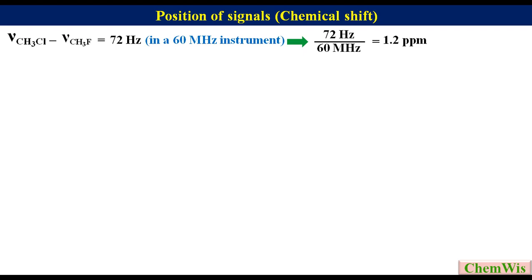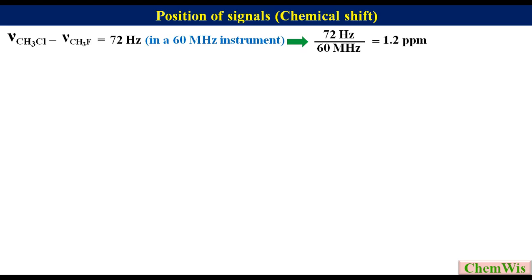Instead, a reference compound is placed in the solution of the substance to be measured, and the resonance frequency of each proton in the sample is measured relative to the resonance frequencies of the protons of the reference. The difference between the absorption position of a particular proton and the absorption position of a proton of the reference compound is called chemical shift of that particular proton.